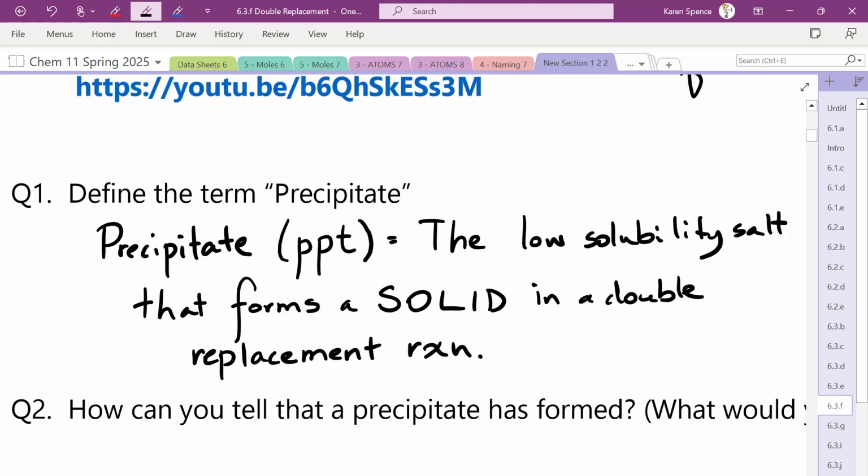Am I going to have you define that? No. But you should be able to recognize it in context and understand what it means, so that if I say, what is the precipitate in this reaction, you know what I'm talking about. Does that make sense? Okay.